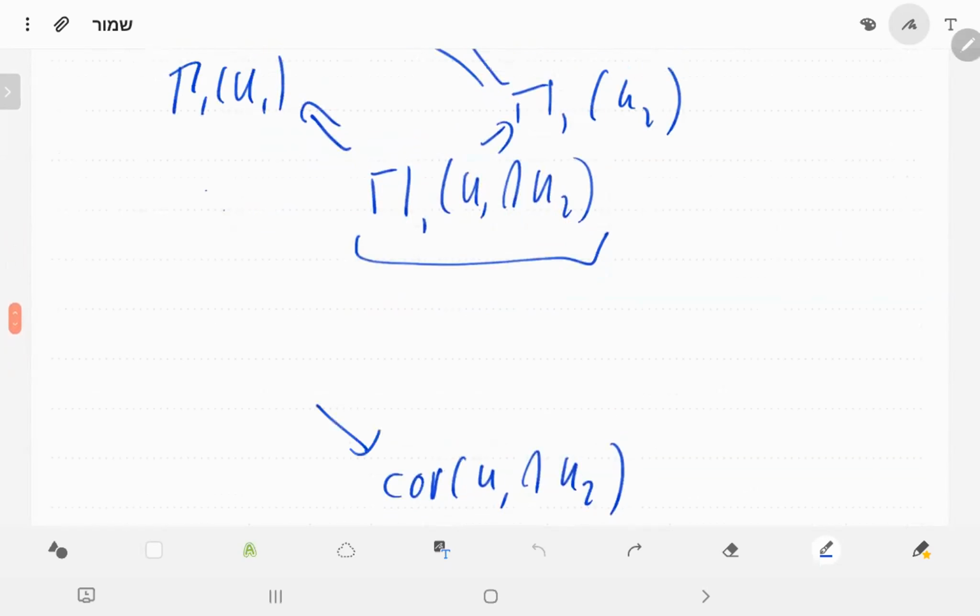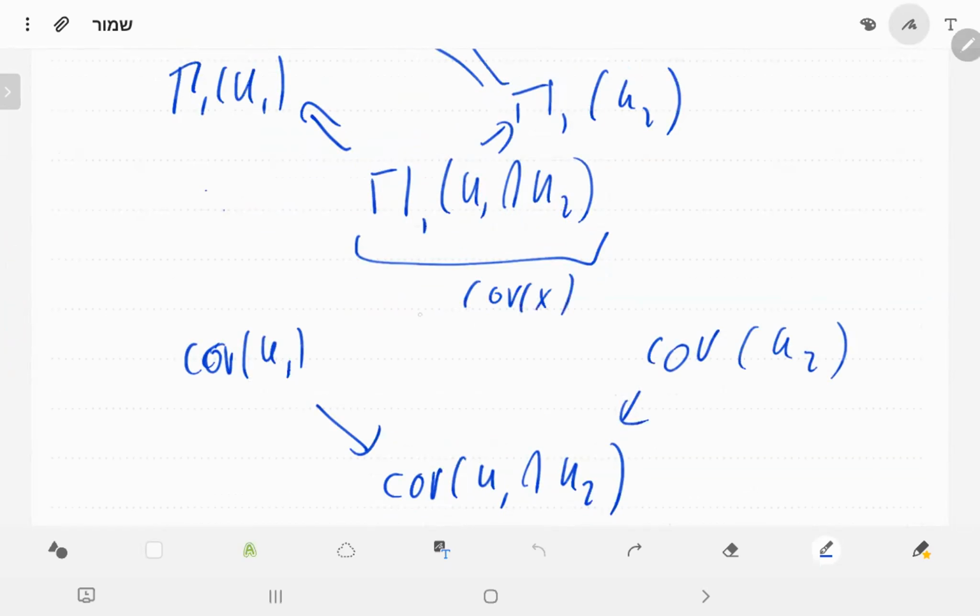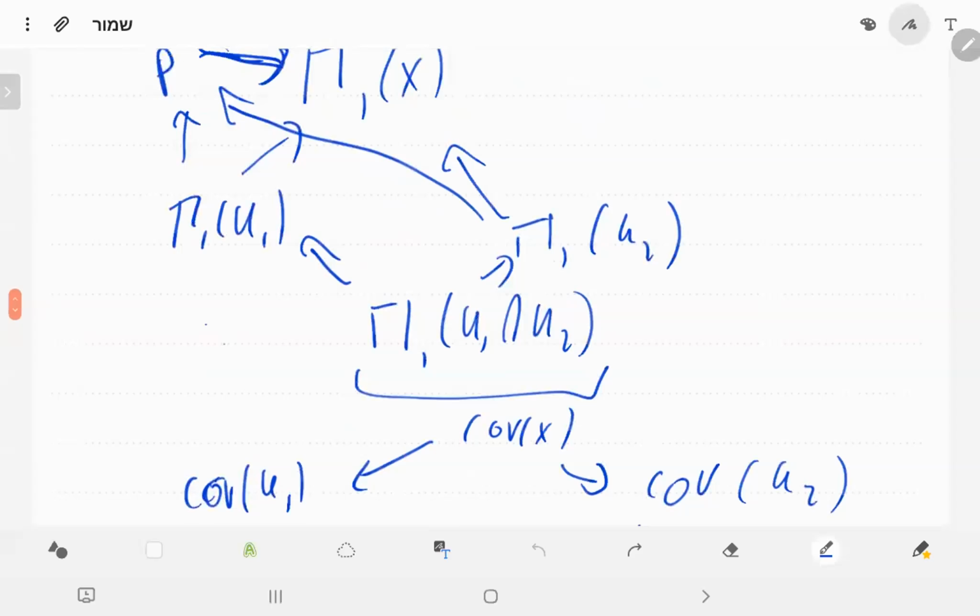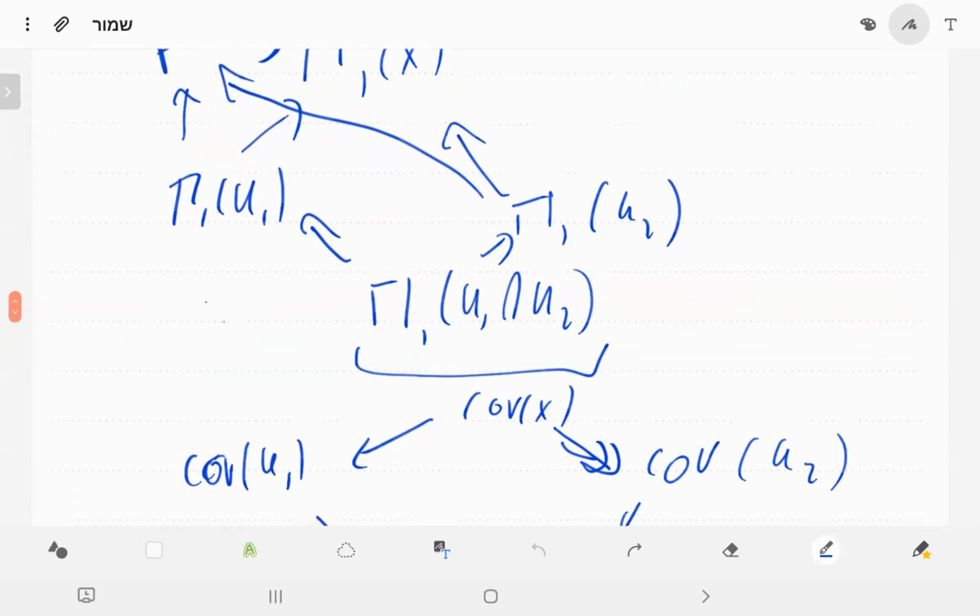We have restrictions now from coverings of U1, coverings of U2, coverings of X. Okay, and coverings and functors from the push out to sets. So here are some things that have to be proven. That this construction of taking functors to sets commutes, or not commutes, but maps push outs to fiber products.